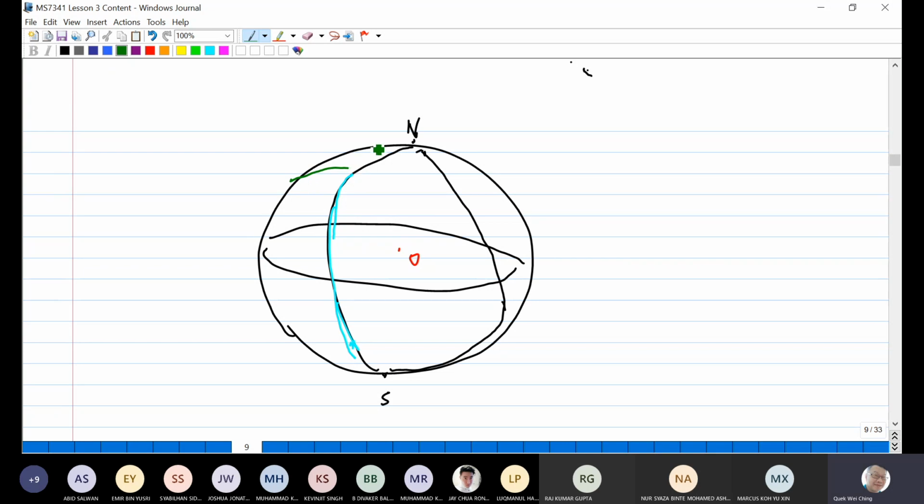Let's say a great circle, not necessarily passing through the North Pole and South Pole. As long as it passes through the center of the earth, it is a great circle, and then you get another side here.